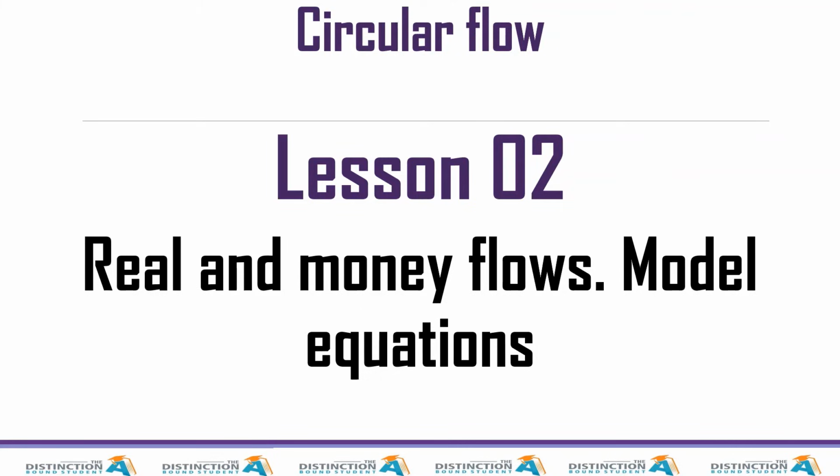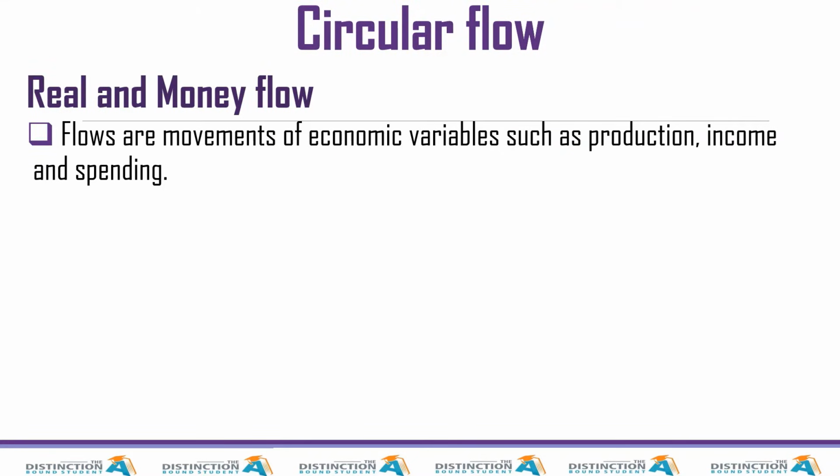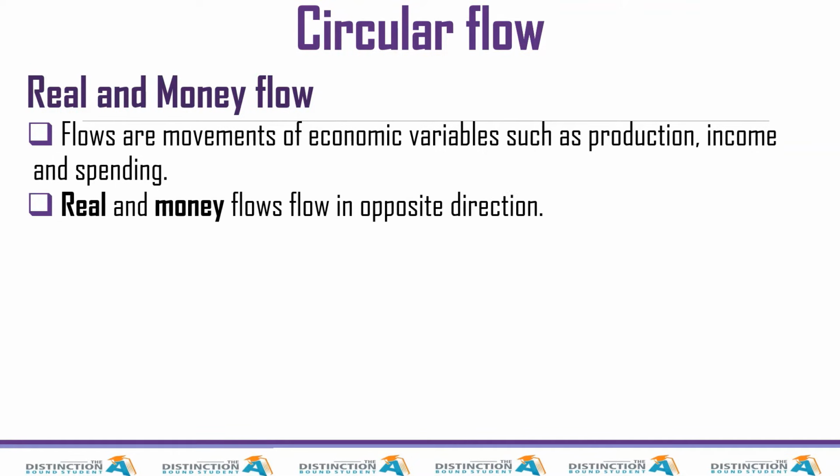Lesson number 2 is real and money flow. And then we'll look at the model equation for GDP. Flows is when economic variables are exchanging hands, like money moving from participant A to participant B. So what kind of flows do we have?